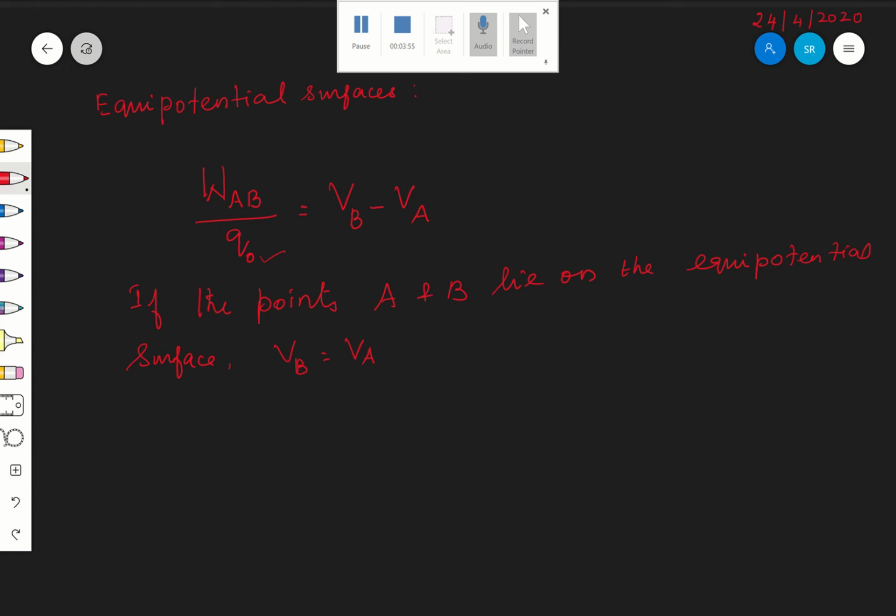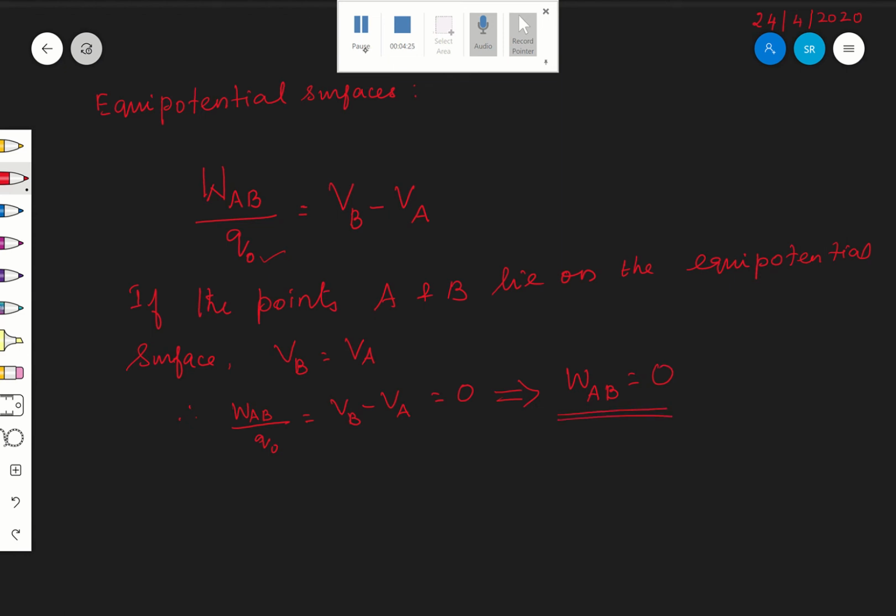Therefore, A and B lying on the equipotential surface means potential at A is equal to potential at B. Fine. Therefore W_AB by q naught, that is V_B minus V_A, is equal to 0, which implies that the work done is equal to 0.